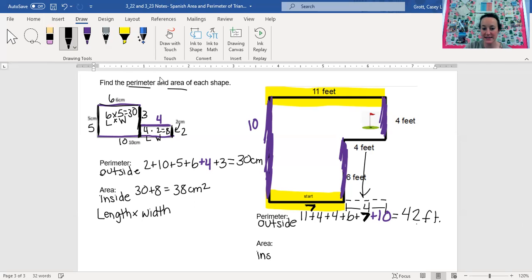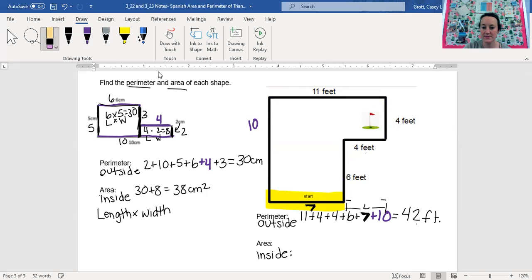Area is going to be the inside. And so again, split it into boxes. I'm going to get rid of all these marks. Split it into boxes. So I'm going to say that I have a box here and a box here.